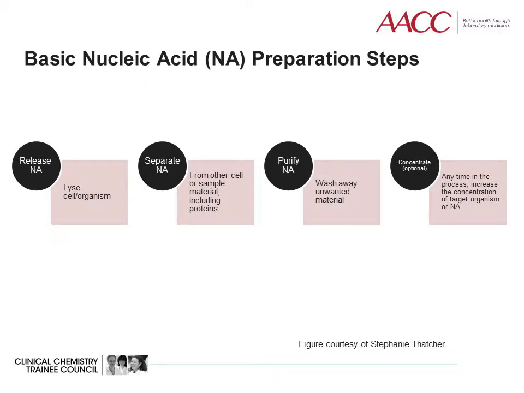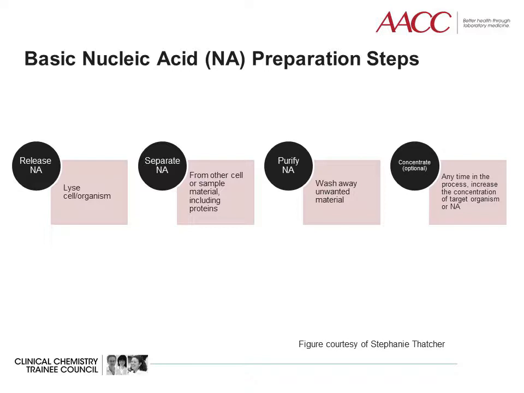4 basic steps define most procedures for nucleic acid preparation. First, release of nucleic acids from the cell or organism via lysis is performed. Second, the nucleic acids are usually separated from other components of the cells, organisms, or other sample background material such as proteins or debris.